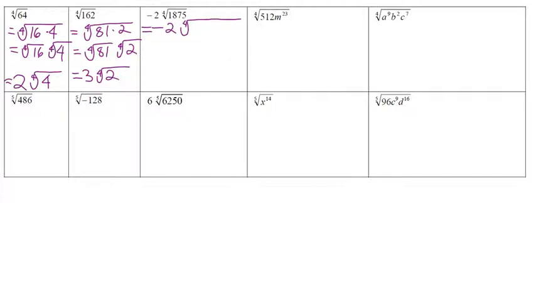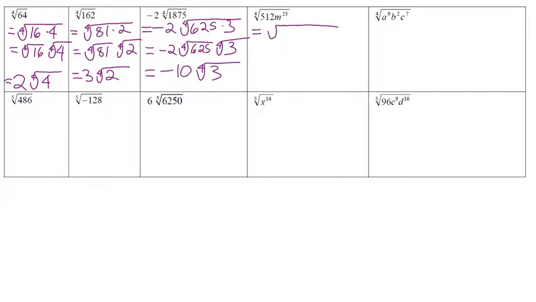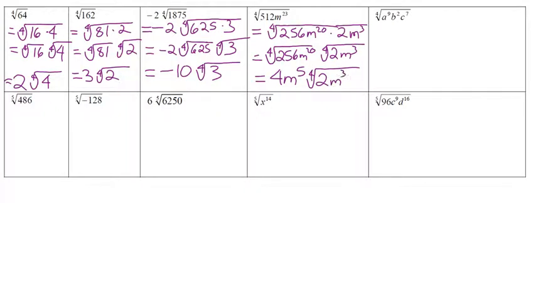Fourth root. It's got to be 625, right? Okay, so that one's 256 and 2.